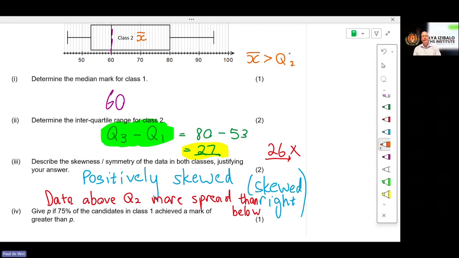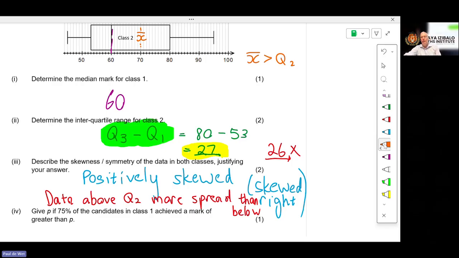And when data is negatively skewed, in other words, the mean would be somewhere here, the mean would be less than the median. So well done. And let me tell you that the answer you gave about more data above, all of the boys that I teach, they always say the same thing. Understand, the median is the middle of the data.